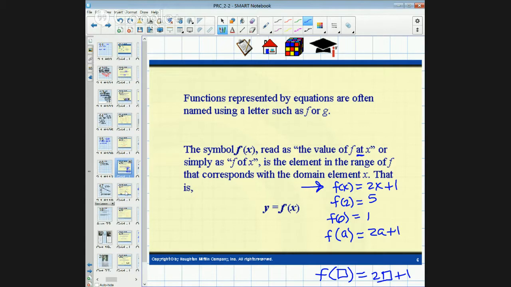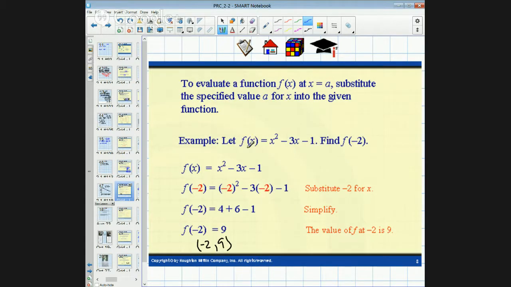Next slide. Here's an example. If we were given this function right here, f of x equals x squared minus 3x minus 1, then what's f of negative 2? And you can see they went ahead and substituted it in. They did the arithmetic.